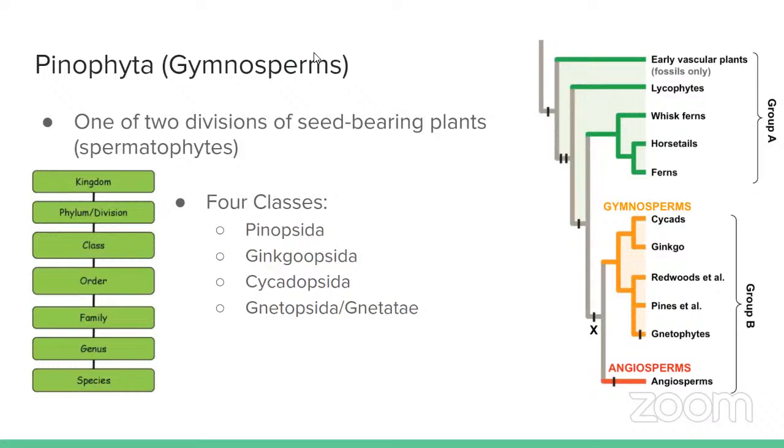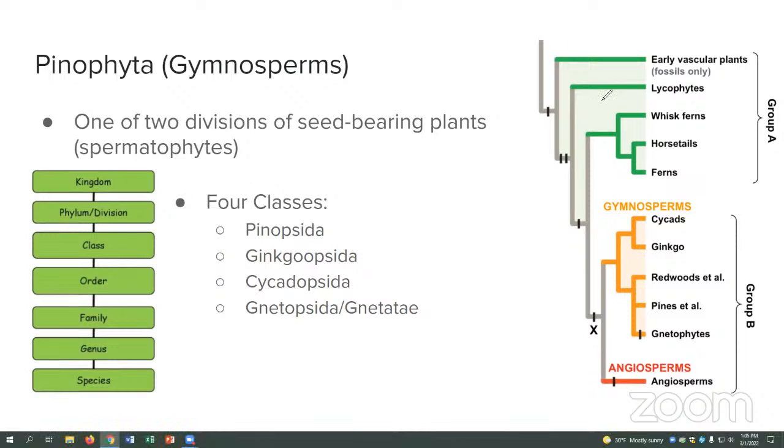So when we look at the gymnosperms, we're going to see that their reproductive system is based around these structures called cones. Cones are just a specialized form of strobilus, which we saw before in some of our fern allies.